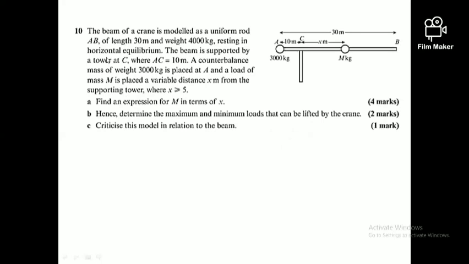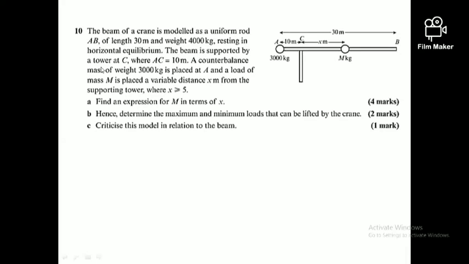A beam of a crane is modeled as a uniform rod AB, length 30 meters and weight 4,000 kilograms. So you can mark the weight at the midpoint, 4,000 G, resting in horizontal equilibrium.